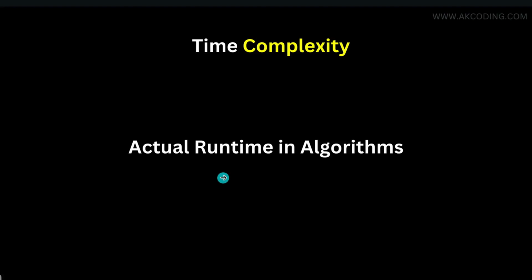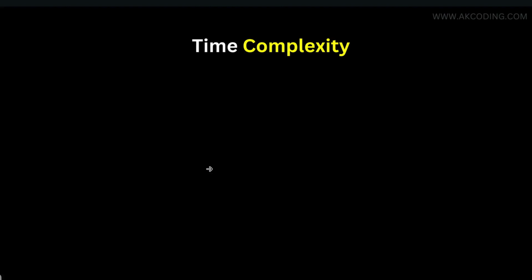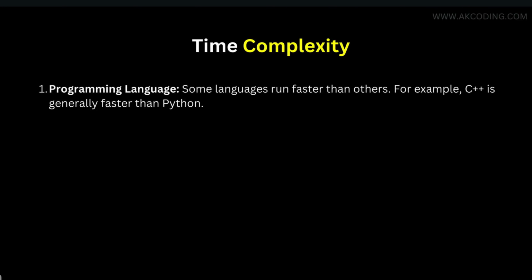But the problem is runtime differs based on several factors, like the programming language you are using for that particular algorithm. Let's suppose you have written the program in C++, then obviously it would be faster than Python, because C++ is a low level programming language, whereas Python is a high level programming language.